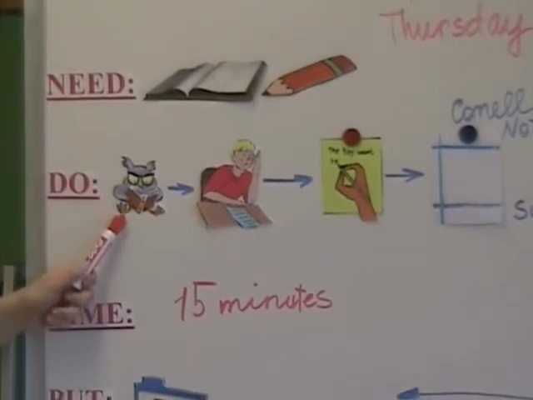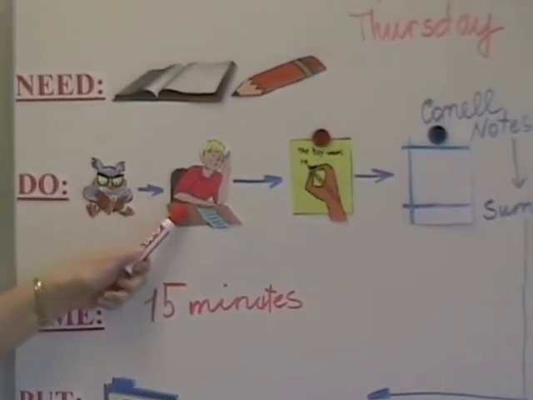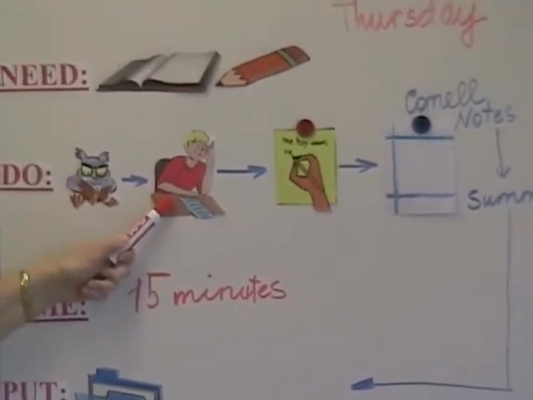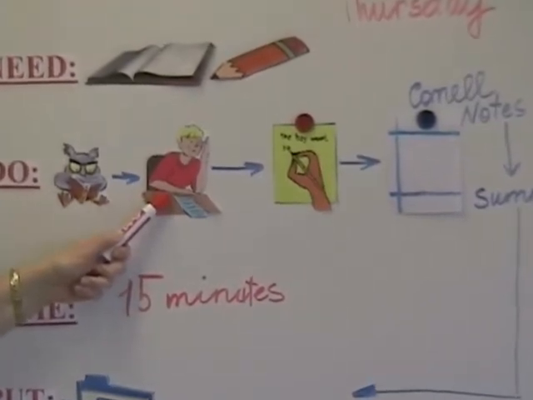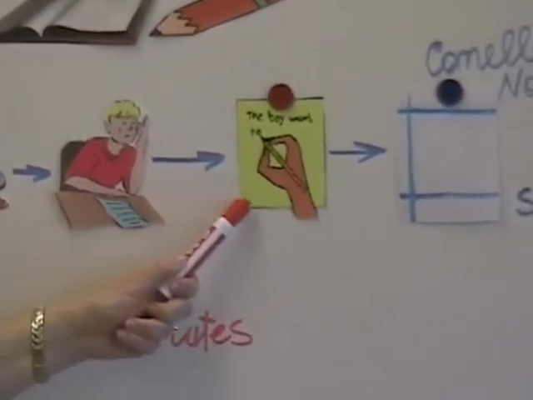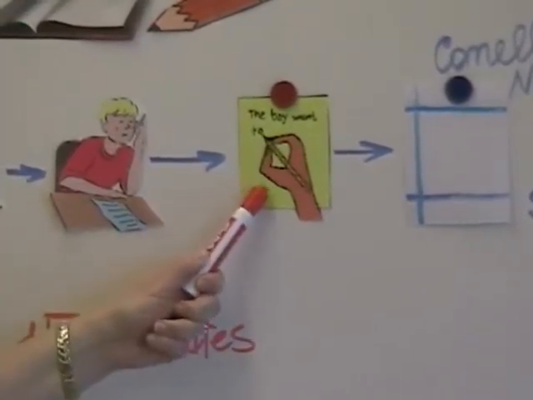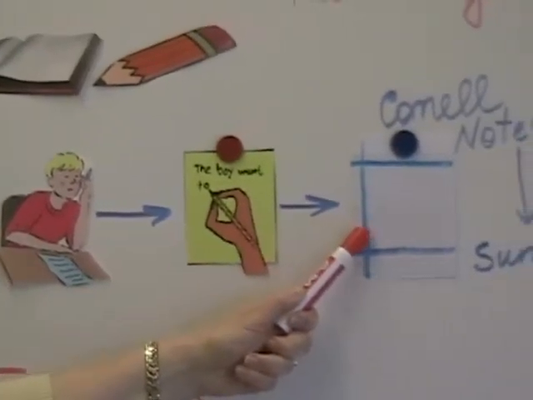Today I want my students to read their textbook, and I can even put down the page. Then I want them to think about the section in the textbook that they have just read. And of course I can focus them and frame my question more specifically. Then I want them to write and organize their writing in Cornell notes.